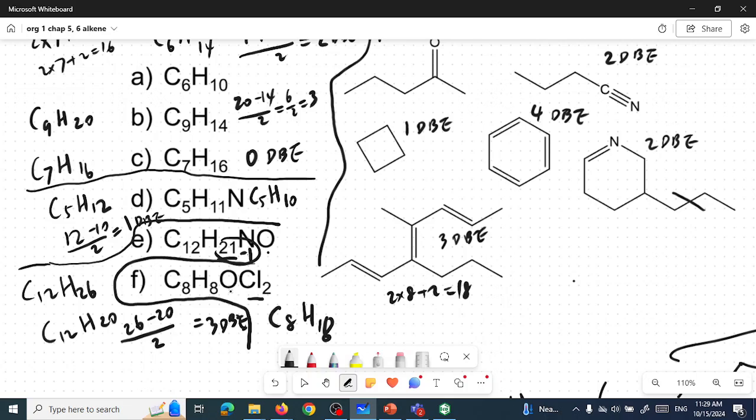The oxygen does not affect the number of hydrogen, but the chlorine counts as hydrogen. Should add 1 hydrogen for each. So the actual number of hydrogen in this molecule is actually H8 plus 2, that will be 10. Now the difference between the number of hydrogen is 18 minus 10 divided by 2, which is going to be 4 DBEs.